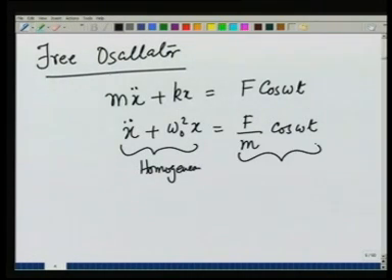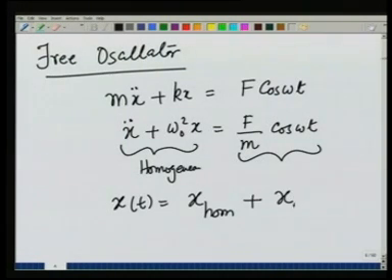and a driving term. So, the general solution of this equation is going to be x(t) is equal to x homogeneous plus x particular. I need the homogeneous part to satisfy the initial conditions, because it is only the homogeneous solution that has freely fixable coefficients.